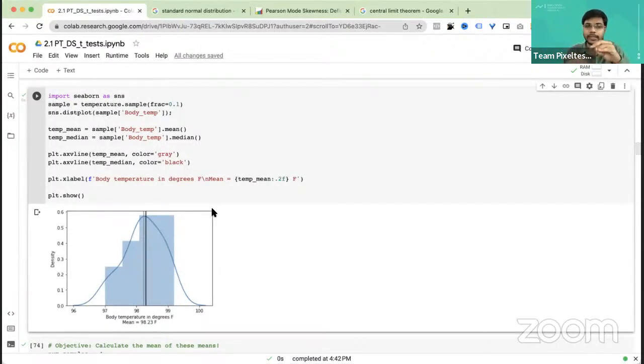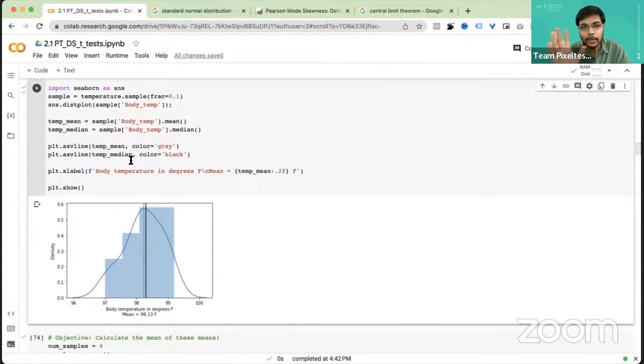So by permutations and combinations, there will be a very large number of sample sets that can be created out of this. And if you take each sample's mean and do a mean of the whole outputs, right?